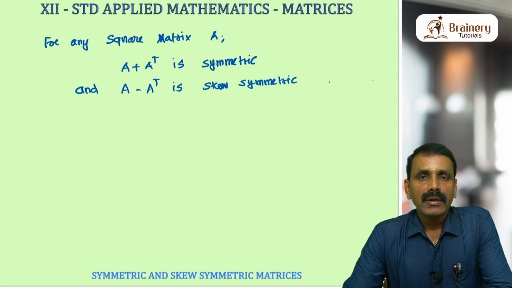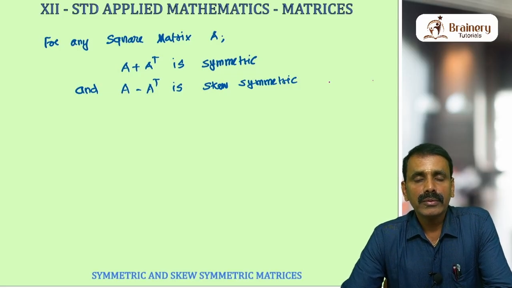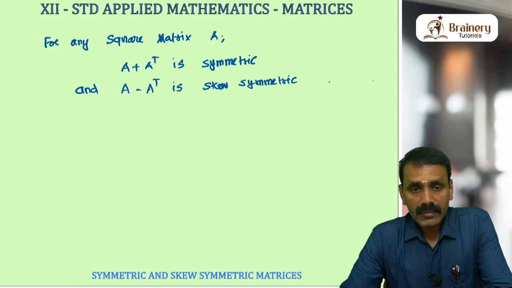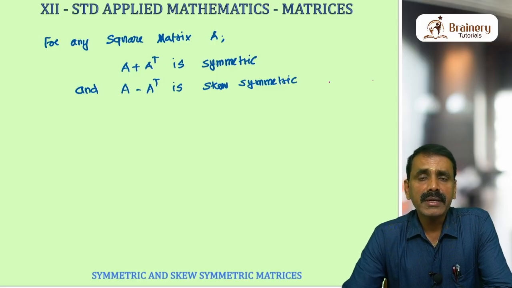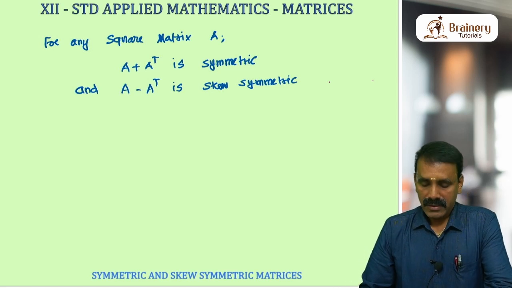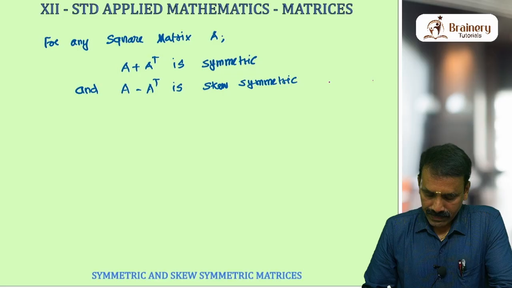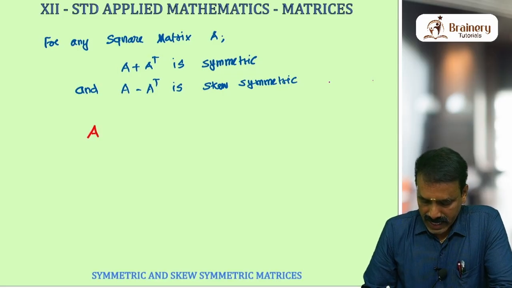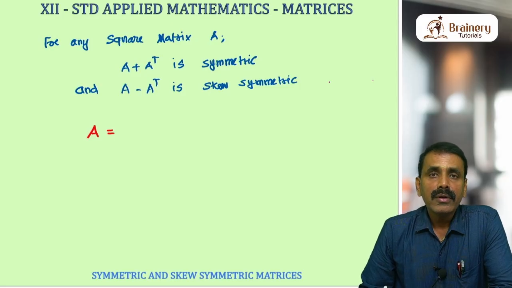Now, using that concept that the sum of a square matrix and its transpose is symmetric and A minus A transpose is skew symmetric, we are going to write a very important formula. Any square matrix A can be written as the sum of a symmetric matrix and a skew symmetric matrix.